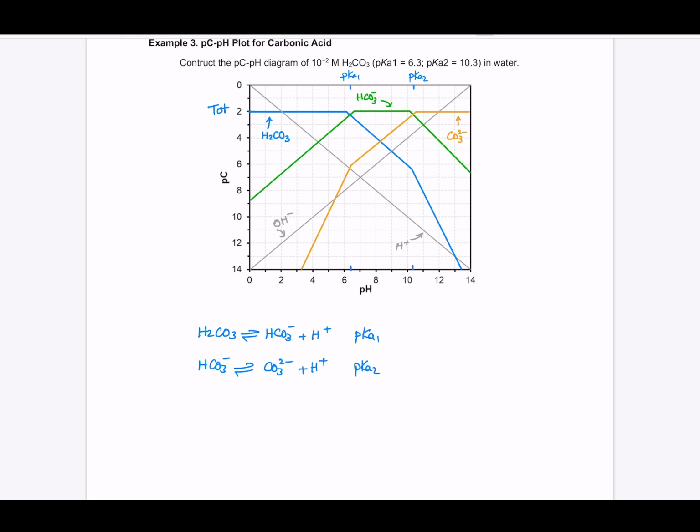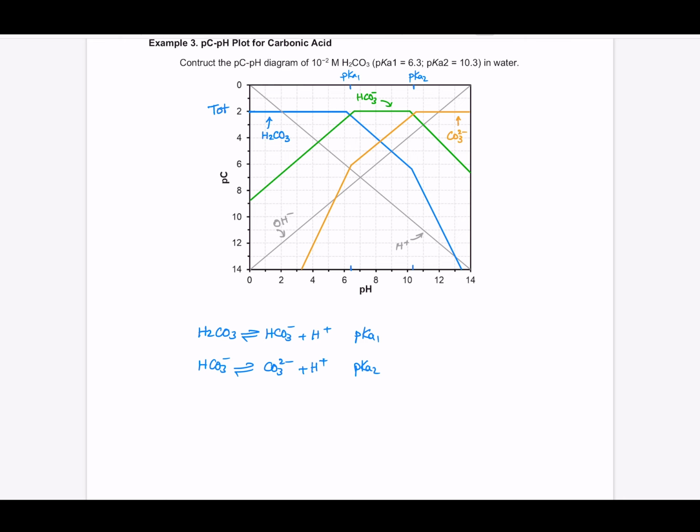But the point here was, as you cross another pKa, the slope changes by 1. So if it was, let's say, a phosphoric acid, it would be something like this, a bit exaggerated. And as you pass pKa, the change in slope is increasing or decreasing by a unit of 1.